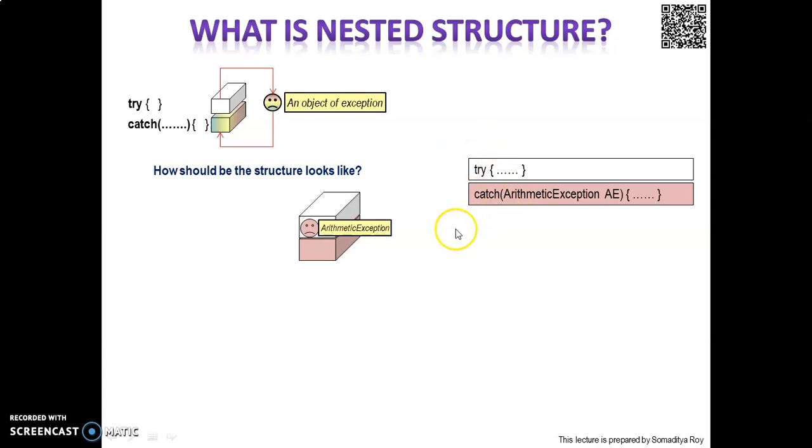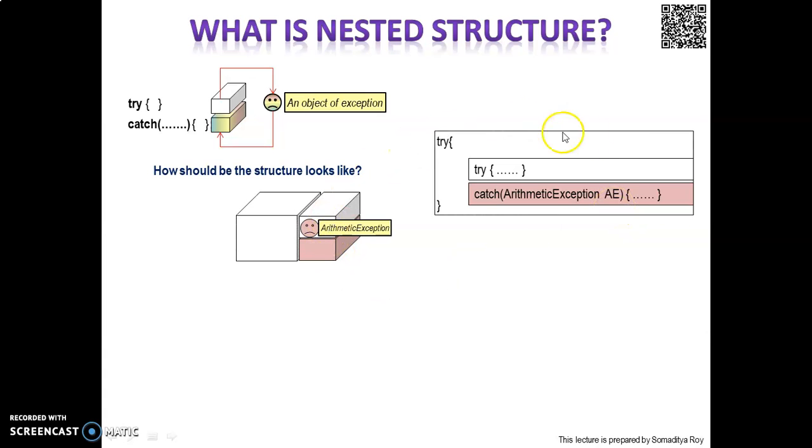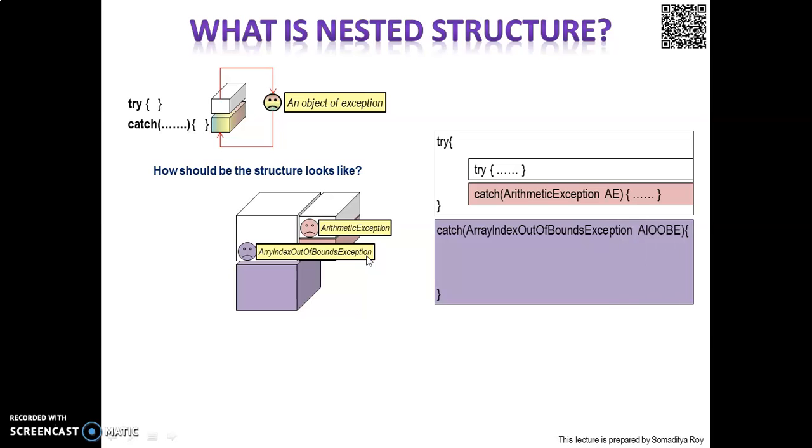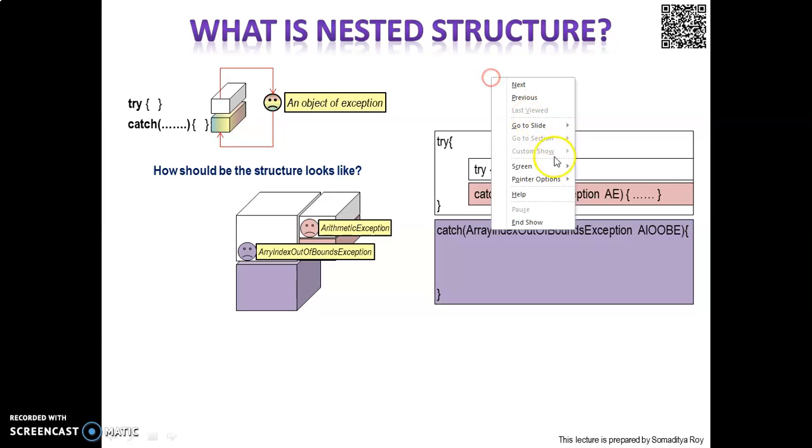So what if we put this try-catch block within a try block itself, and assume that this outer try block may have an array index out of bound exception? So we need to include a catch block which is able to handle the array index out of bounds exception.